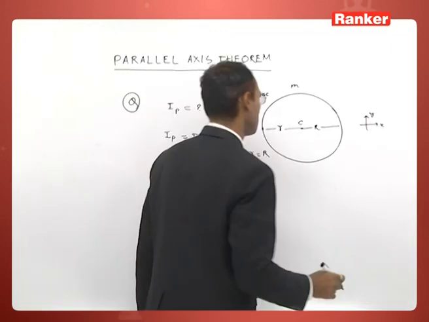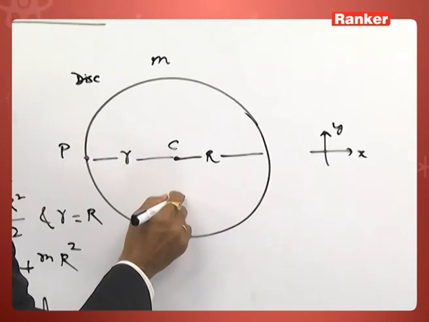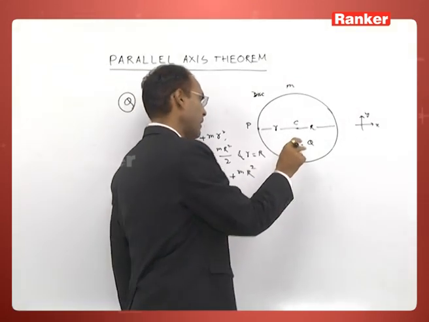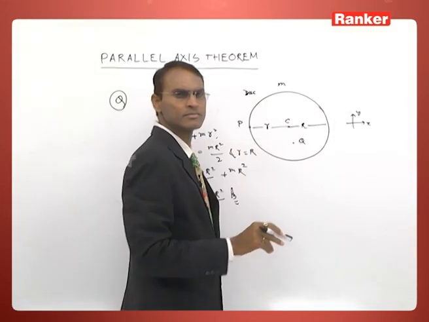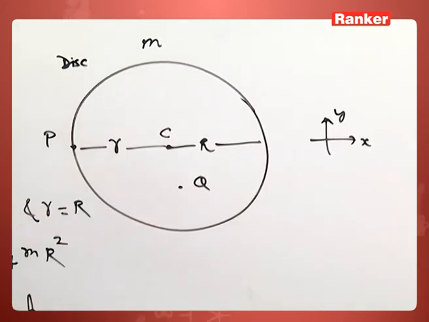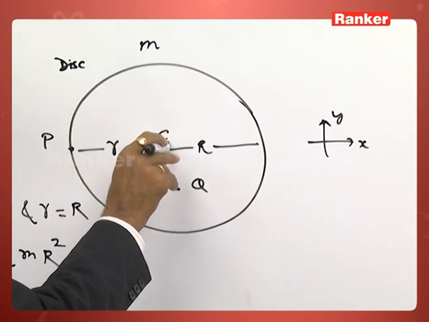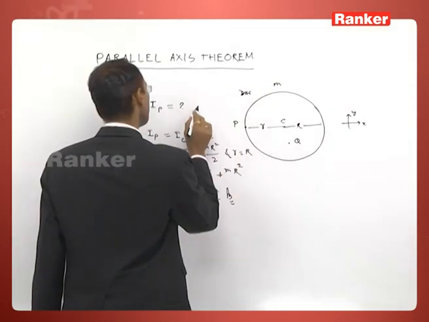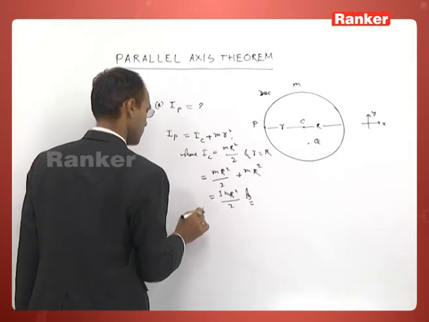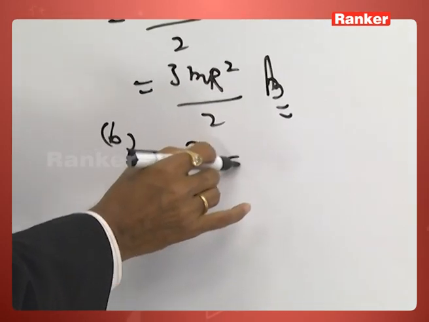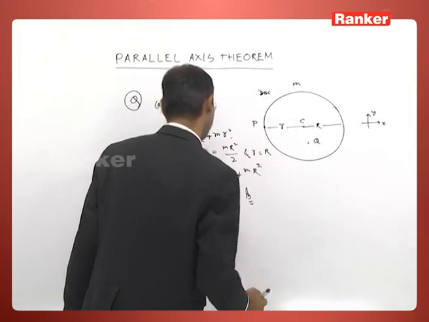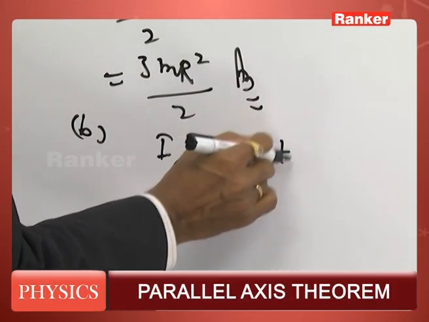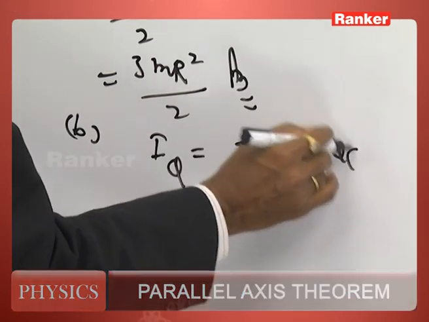If we take a point, suppose Q, and imagine an axis passing through this point which is lying parallel to the z axis, then we can say that IC and IQ are parallel axes. How to calculate the moment of inertia about this axis? According to the parallel axis theorem, IQ is equal to IC plus m QC whole square.